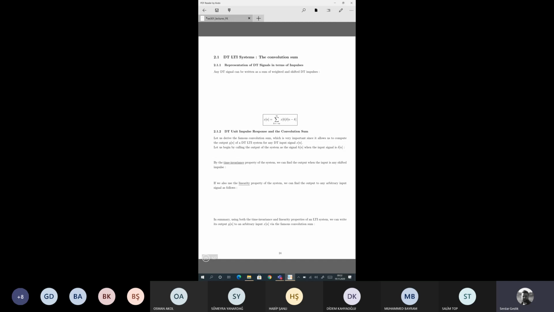First, we will start with stating that any discrete time signal can be written as a sum of weighted and shifted impulses. So if you have x of n, you can write it in this form.